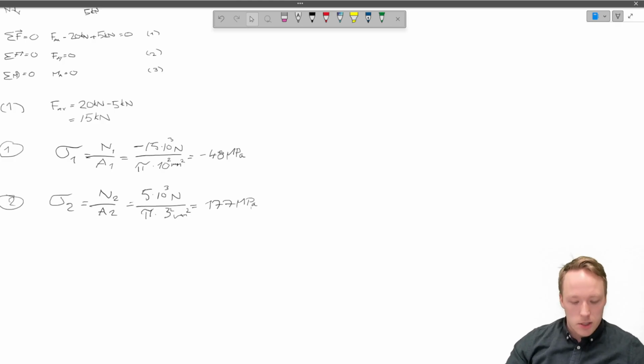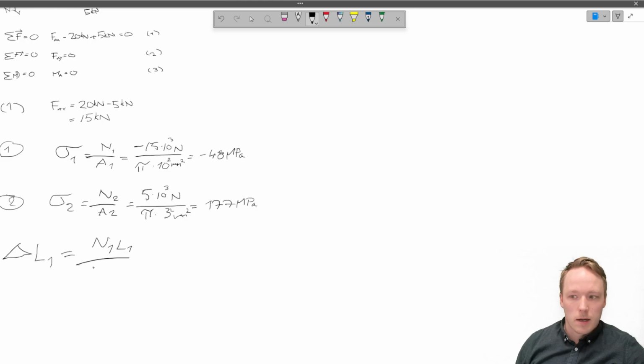The last thing is to calculate the change of the length. So delta L1 is N1 times L1 divided by A1 times Young's modulus 1, like this.